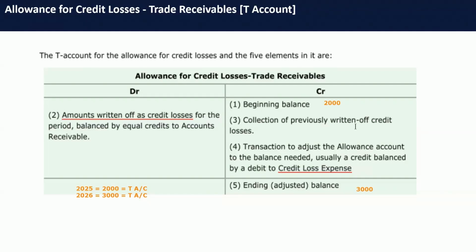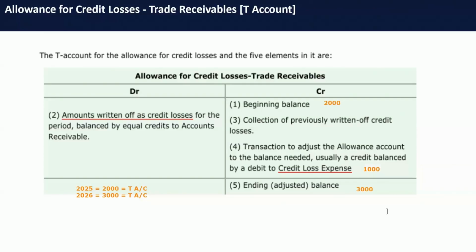So now you have a 2000 balance here. You need to update your beginning balance into an ending balance of 3000. What will be your credit loss expense? How will you balance this account? Perfect. It's only 1000.